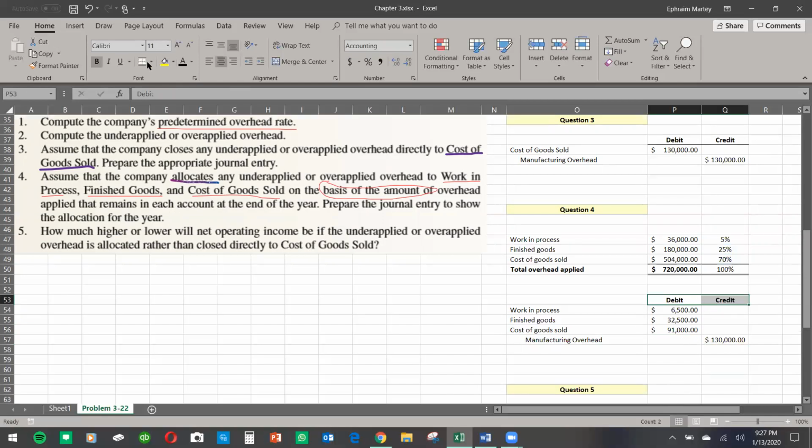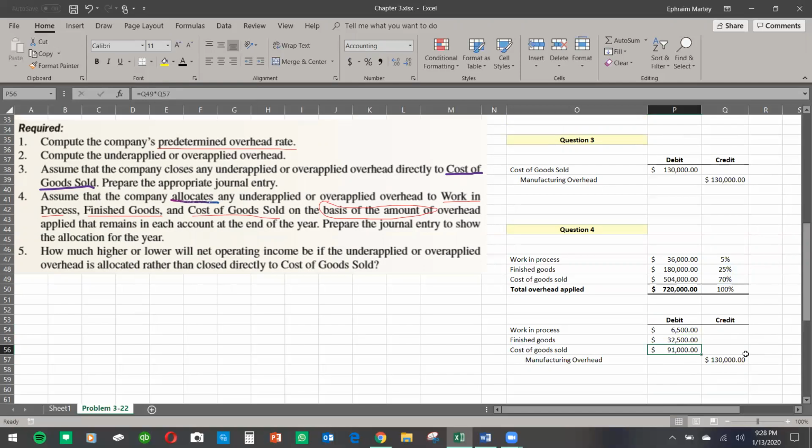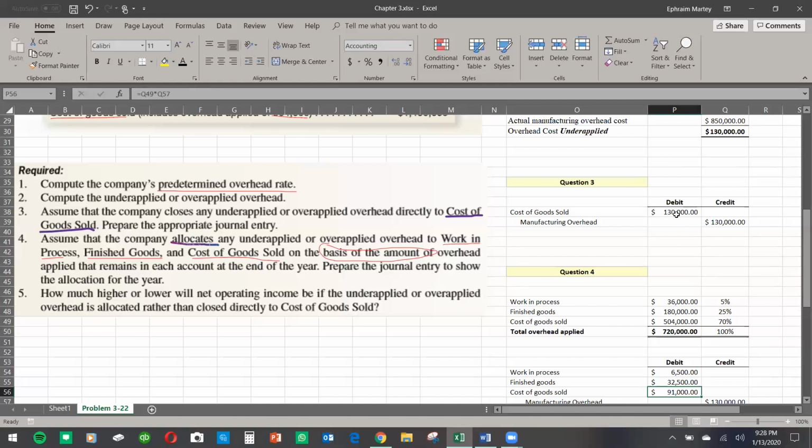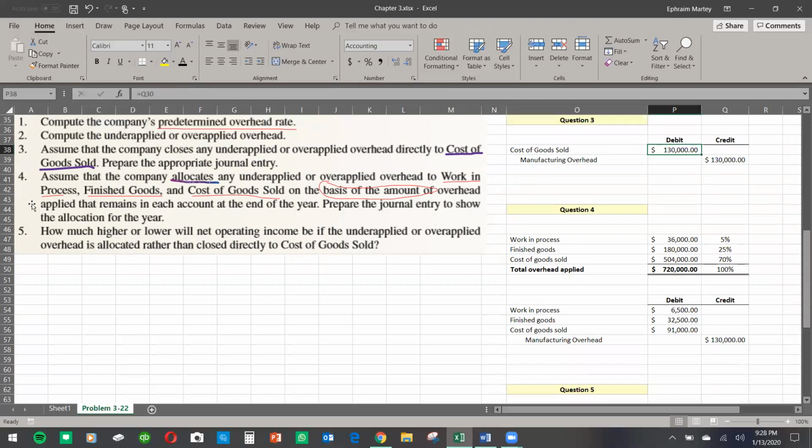So using our T chart or T account, work in progress 6,500 will be allocated, 32,500 for finished goods and 91,000 for cost of goods sold if we allocated them instead of just applying them or closing them directly to cost of goods sold. So that's the number 4.